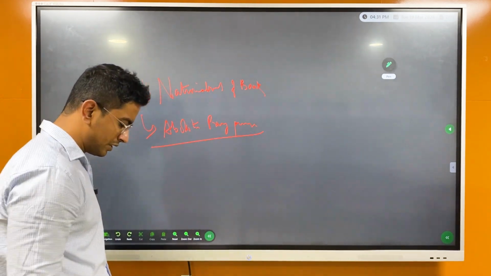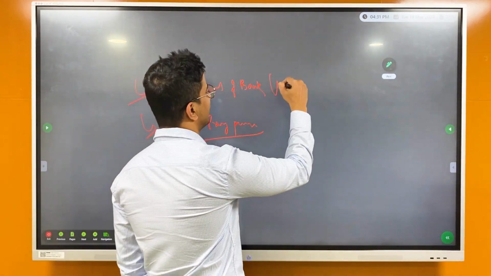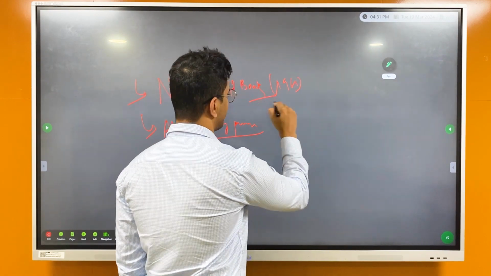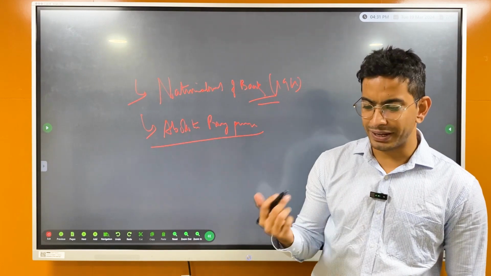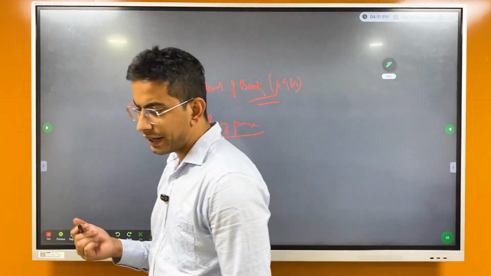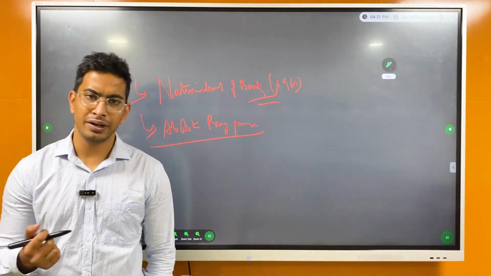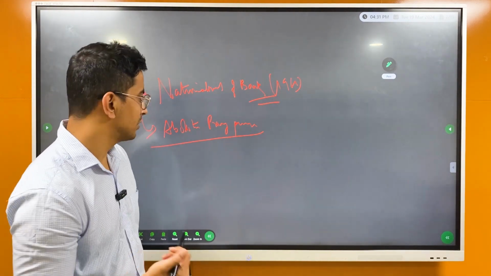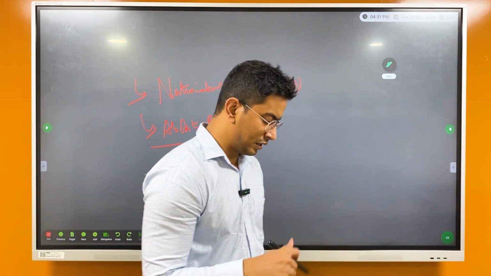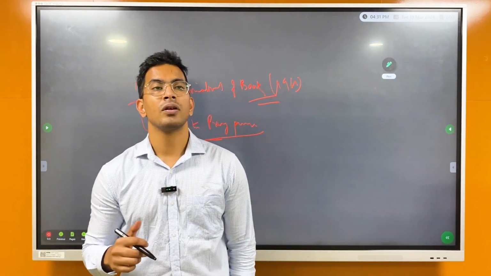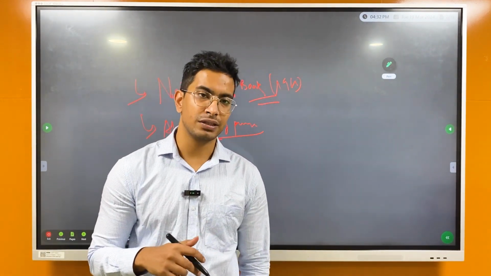So what was this nationalization of banks? This happened in 1969. Here, bank credit was extended to agriculture and rural areas, again to fulfill Article 39 B and C in the socialist policies. And the abolition of privy purses is related to the princely states.